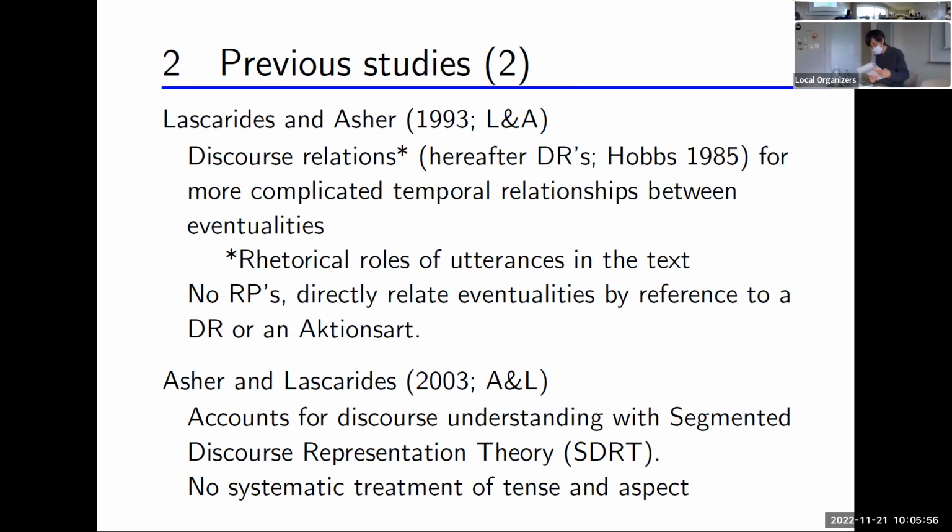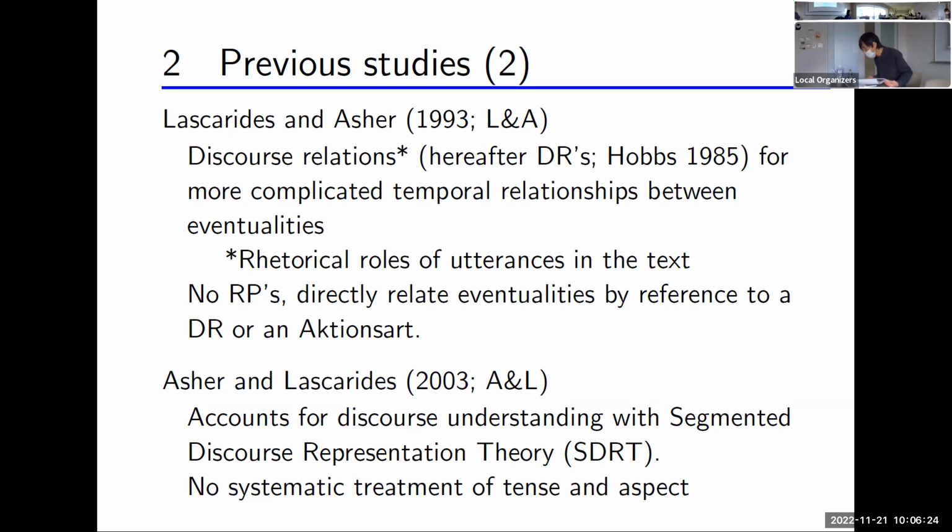Lascarides and Asher 1993 cover more complicated temporal relationships between eventualities than Kamp and Reyle by introducing discourse relations, which capture the rhetorical role of an utterance by investigating how it relates to others. They do away with reference points, directly establishing relationships between eventuality pairs by reference to a discourse relation or an action arc.